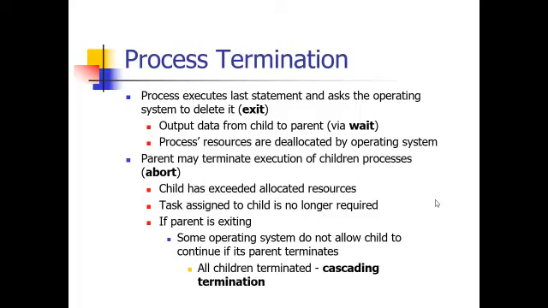If the parent is existing, then the child process needs to complete its execution, and when the child process completes and notifies the parent, then the parent can terminate. Sometimes a particular parent process will have multiple child processes. In that case, the parent will wait until all the child processes are terminated. So we call it cascading termination.